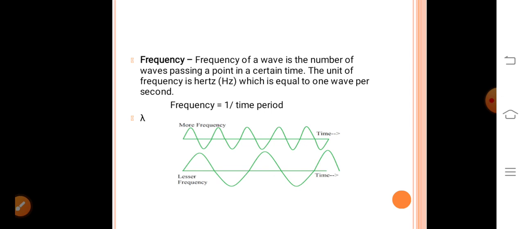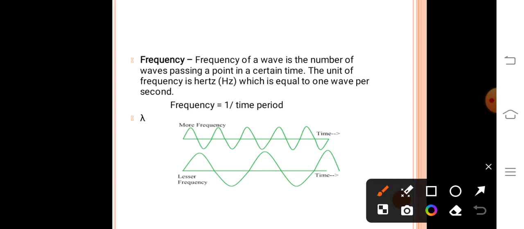Next is the frequency. The frequency of waves is the number of waves passing a point in a certain time. As we see in this figure, this axis shows the time.